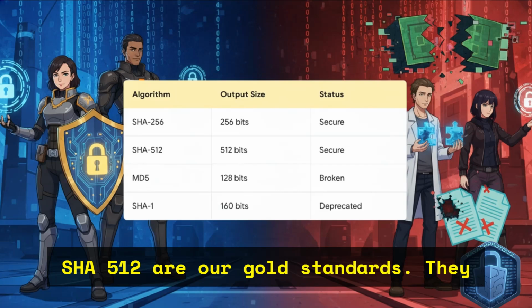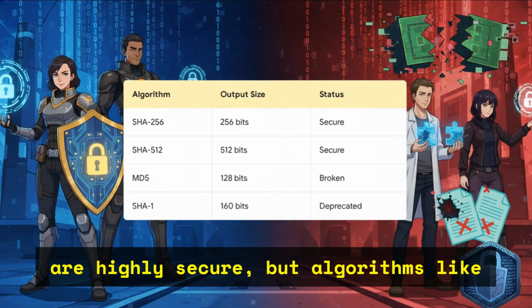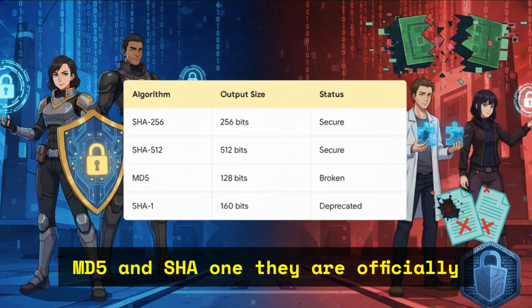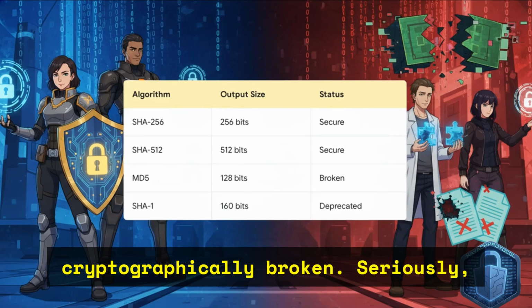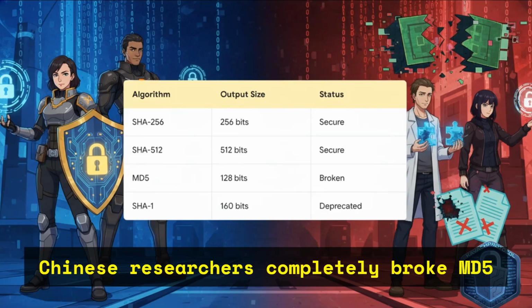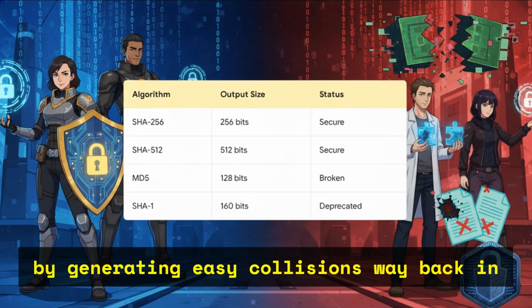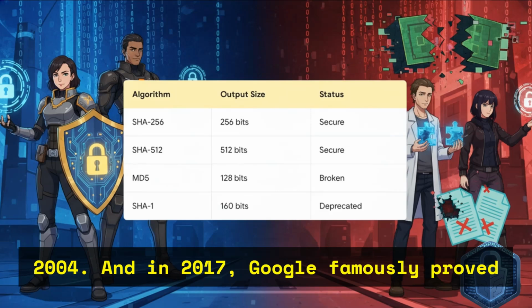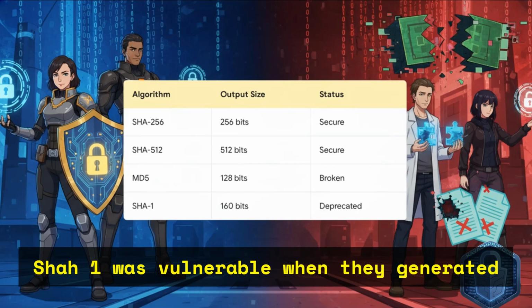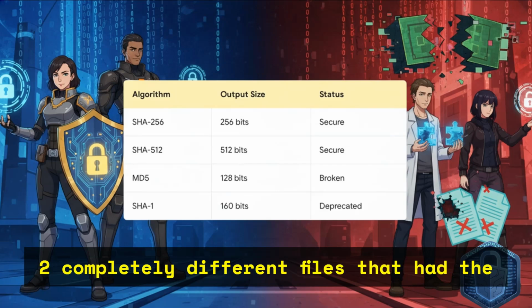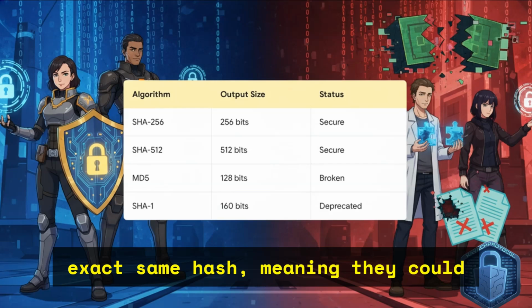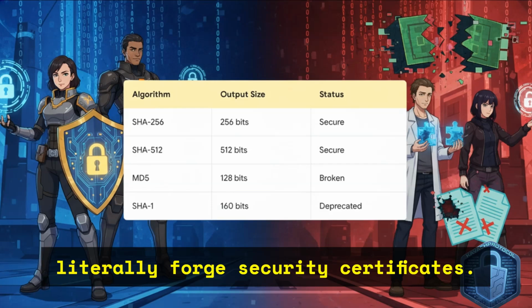They are highly secure. But algorithms like MD5 and SHA-1 are officially cryptographically broken. Seriously, Chinese researchers completely broke MD5 by generating easy collisions way back in 2004. And in 2017, Google famously proved SHA-1 was vulnerable when they generated two completely different files that had the exact same hash, meaning they could literally forge security certificates.